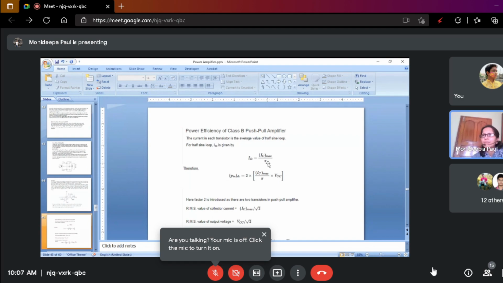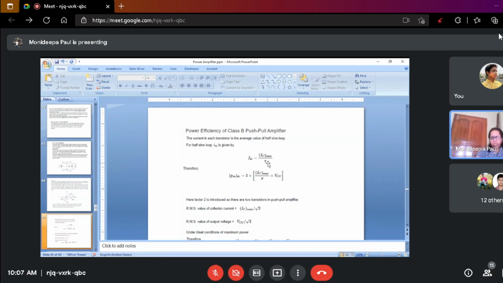Average value, that is the efficiency formula, average value, as in the half wave rectifier. In the half wave rectifier, I have already derived this equation, how we get the IC max, the maximum value, by pi. What is the IDC during the half wave circuit, and during the full wave circuit?